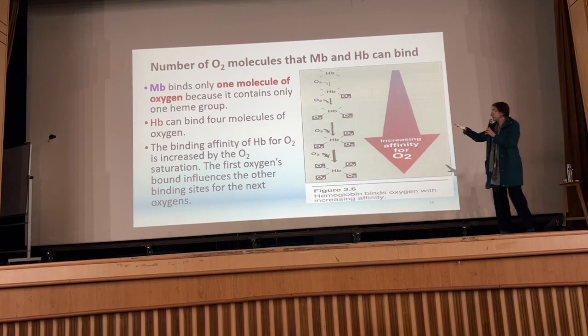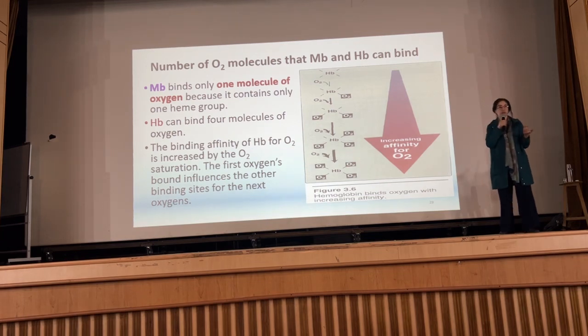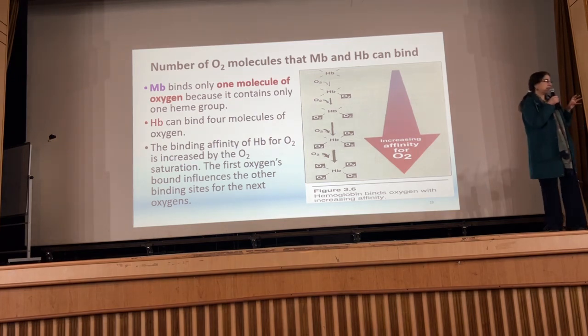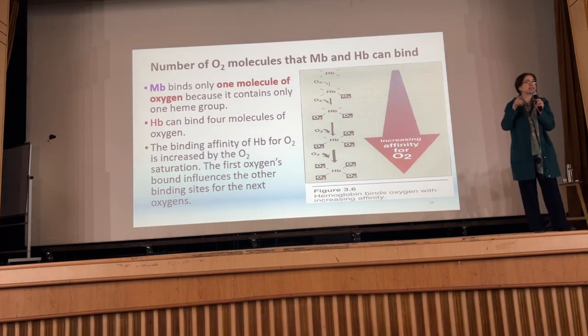The binding affinity of hemoglobin for O2 is increased by O2 saturation. What does it mean? It means when one subunit of hemoglobin binds the first O2, that encourages the other 3 subunits to bind. It induces them to bind oxygen.